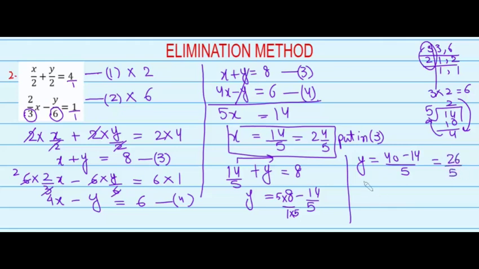And as a mixed fraction it will be 5 whole 1 by 5. So this is the value of y. So the point of intersection of these two straight lines will be x comma y: x is 2 whole 4 over 5, y is 5 whole 1 over 5, right?